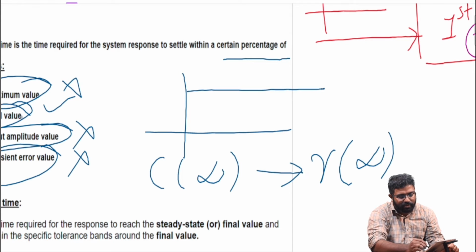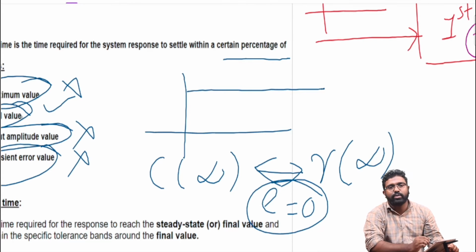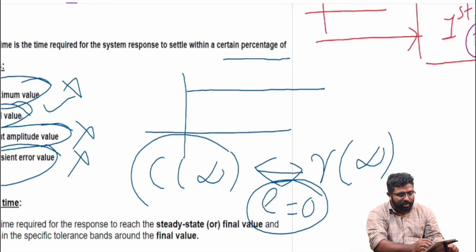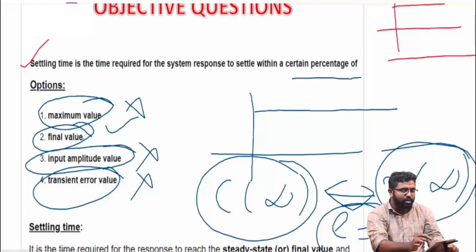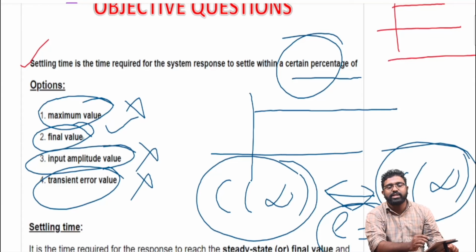When t tends to infinity, the error signal should become 0, and my output reaches my input. So settling time should be expressed in terms of percentages of the final value.